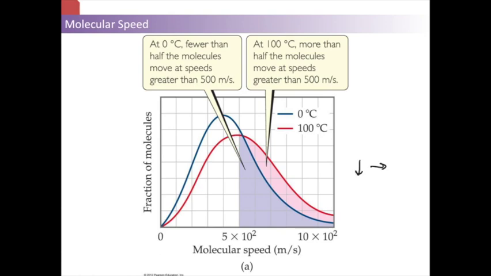But if you were to draw in, using a different color, and I'll use green, what the peak would look like if the temperature of the gas dropped below 0, then you'd expect a very high peak coming up here, but it's going to be to the left of the 0 degrees Celsius peak, and it's going to taper off underneath the blue. So the peak shifted to the left because the temperature decreased.